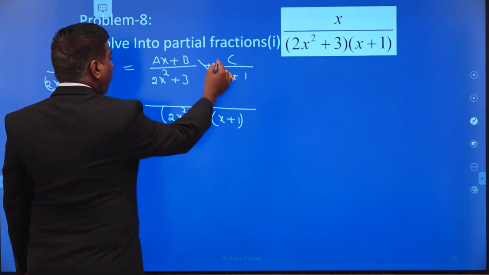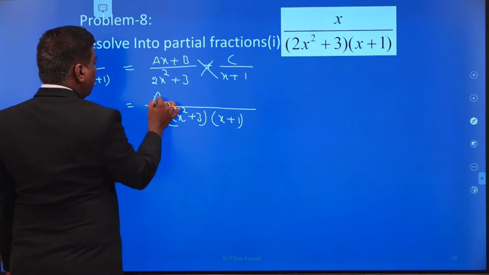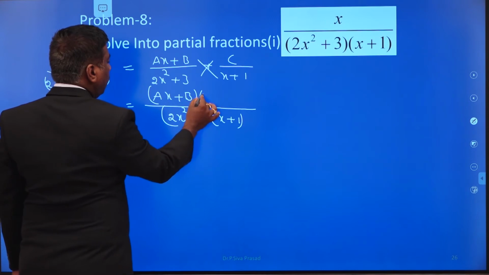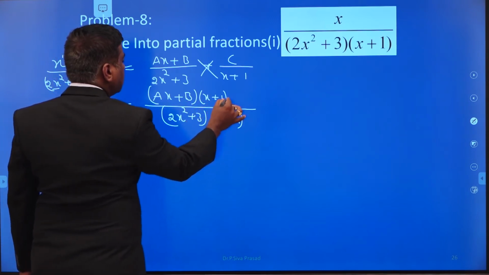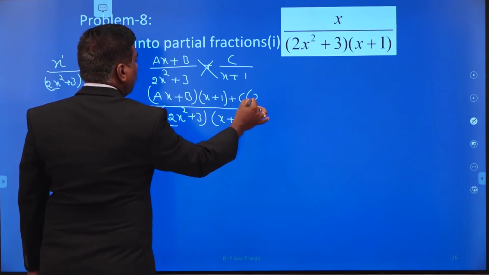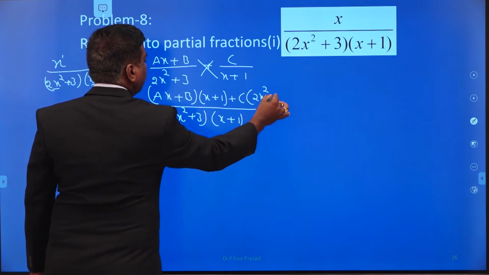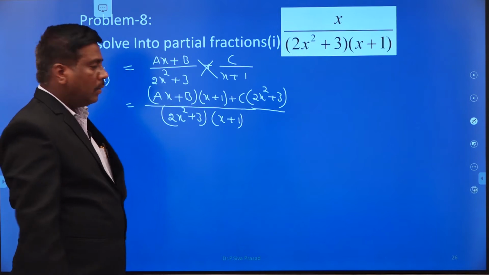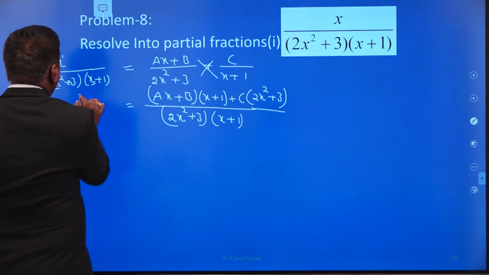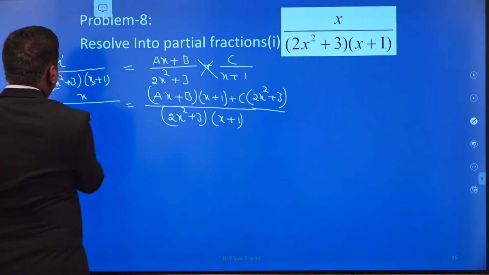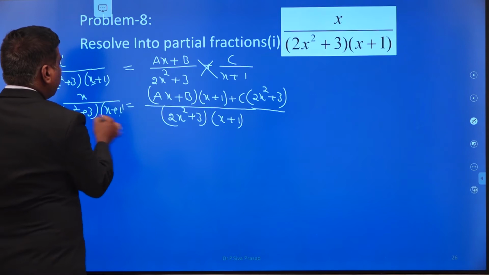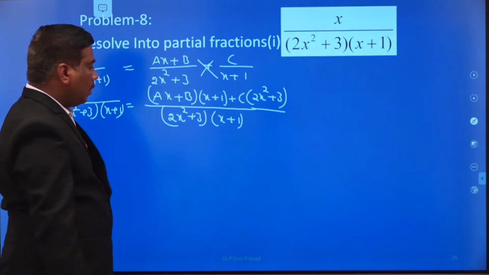Now, cross multiplying these two, simply take (Ax + B)(x + 1) plus C(2x² + 3). After taking the LCM, directly write it here. On the left hand side, it is x over (2x² + 3)(x + 1).